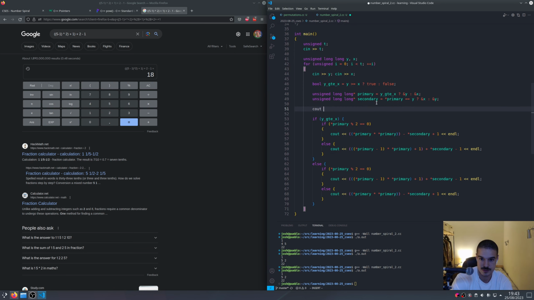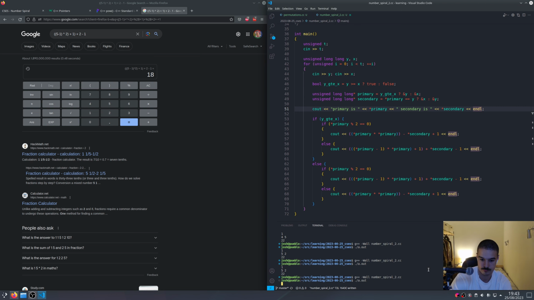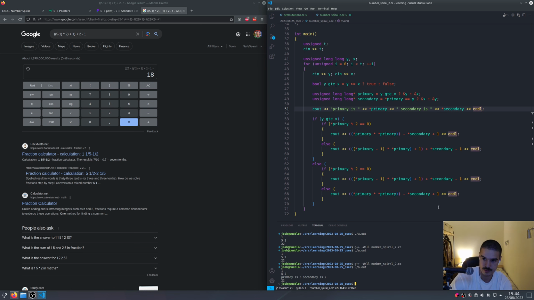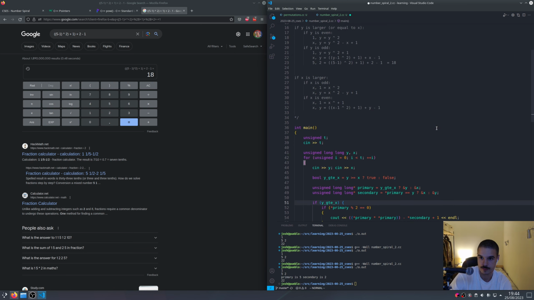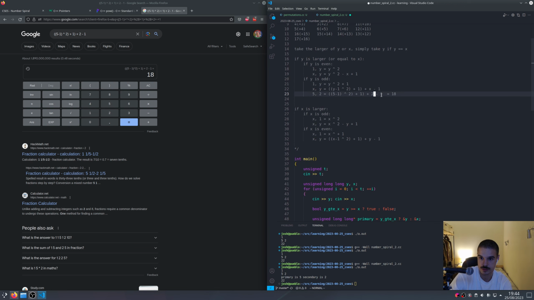Might actually be worth just sanity checking. Primary is 5, secondary is 2. Okay, so that's being selected properly. Plus the secondary minus 1.